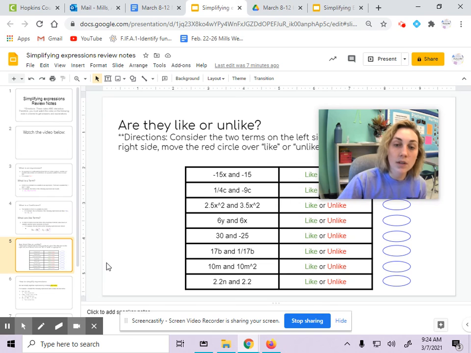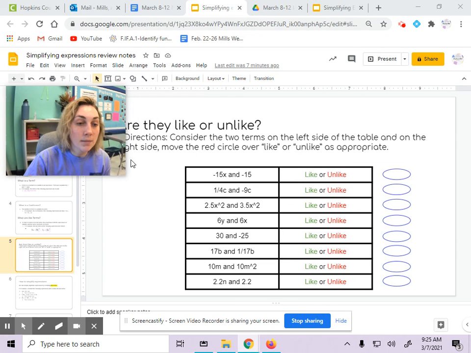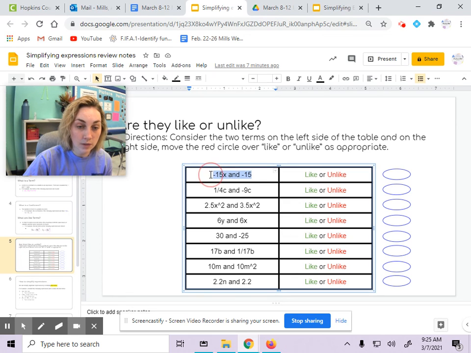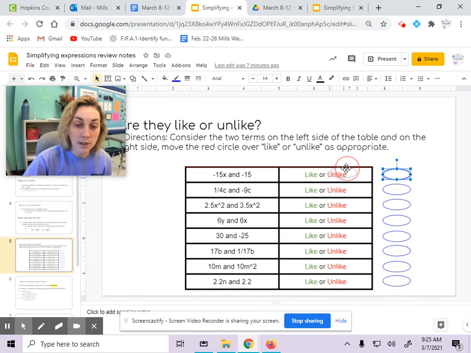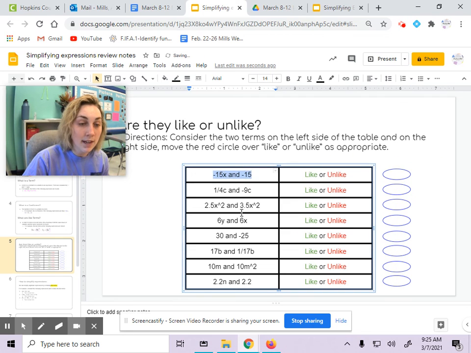All right, on this slide we are going to figure out whether these are like terms or unlike terms. We can take our little circle and put it over the correct word. For example, in number 1, we have negative 15x and negative 15.